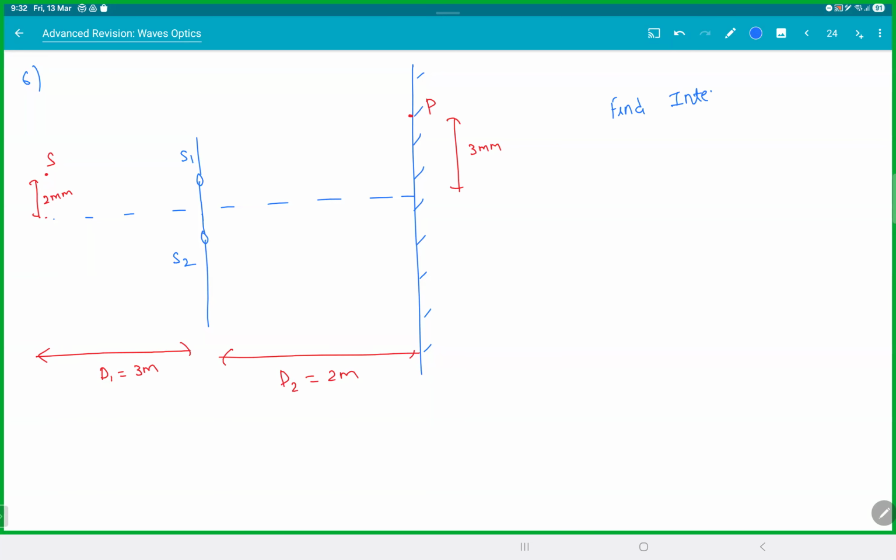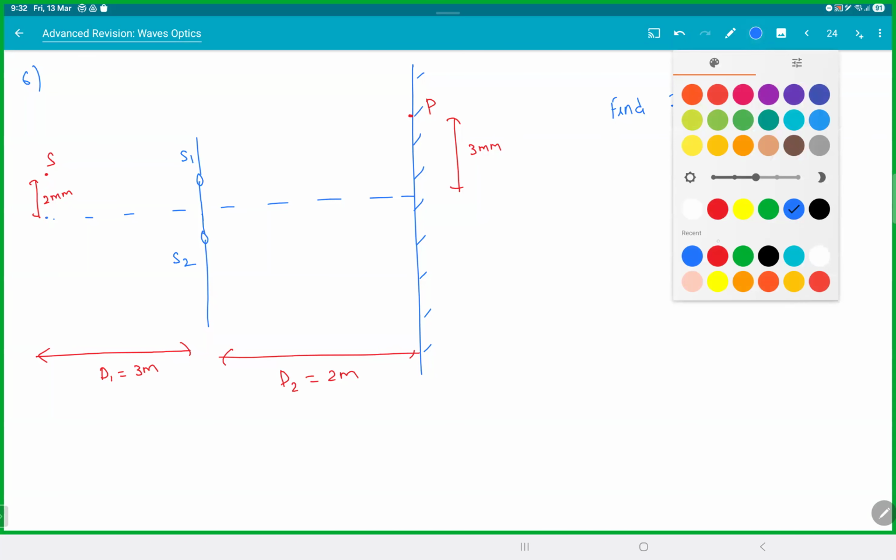So this is a case where the source is not symmetrical. So now you're messing up the source. The source is not symmetrical to S1 and S2. It is 2 millimeters above them. What is the D?